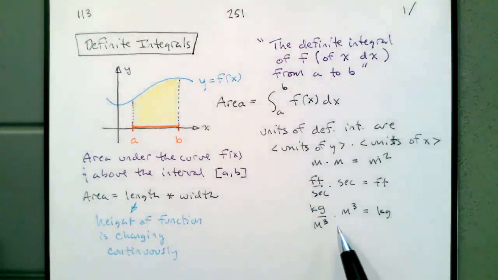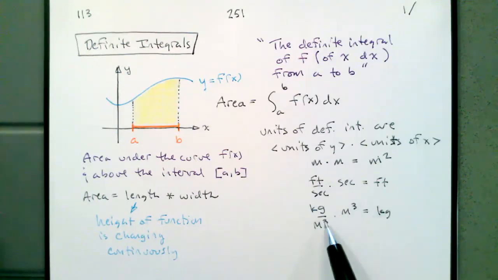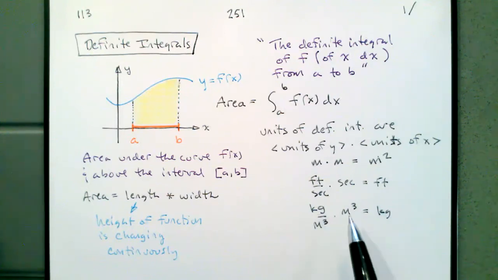If y equals f of x is measuring the density in kilograms per cubic meter, and x is measuring meters in cubic meters, the cubic meters cancel out, and the units of the definite integral are in kilograms. Here, mass is equal to density times volume.